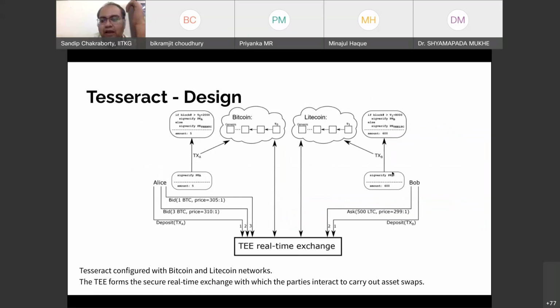On the other hand, when Bob wants to purchase some Litecoins, Bob can say, well, I want to purchase 500 Litecoin at a price of 299, that is, 299 Litecoin per one Bitcoin. That way, these bids and sales are submitted to the TEE real-time exchange, and the exchange can find the match between the bid and the sale, and accordingly execute those transactions in an atomic way.